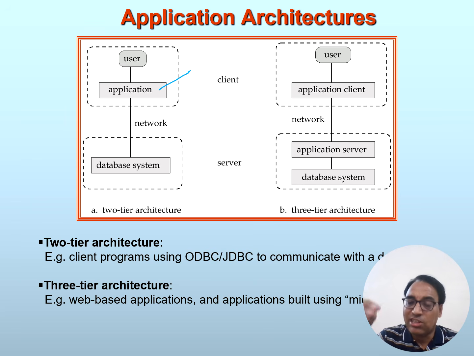So the application server has the database, and as a user I'm retrieving the data using the application client tool. Both application client and application server are just different tools. Through this, the systems are kept much more secure. So normally web-based applications and different applications are built using three-tier, because it is much more secure.